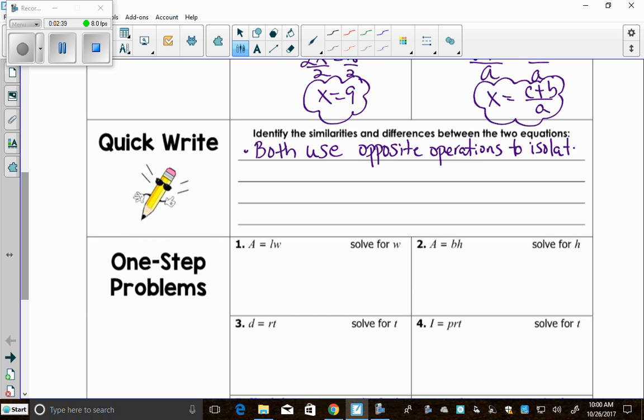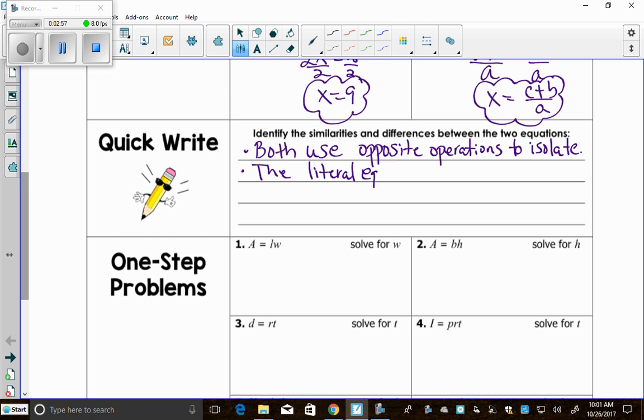In other words, those are your properties of equality. And a difference, the literal equation doesn't simplify nicely due to multiple variables. Again, literal just means more than one variable.